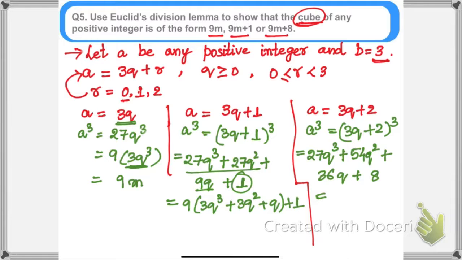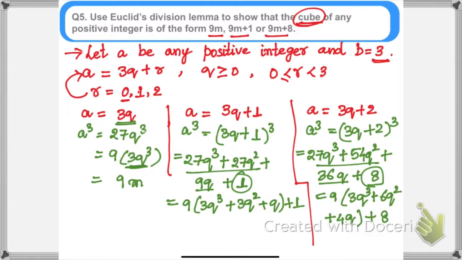Now again taking 9 common from these three, we'll get 3q cube plus 6q square plus 4q, and keeping this 8 outside.